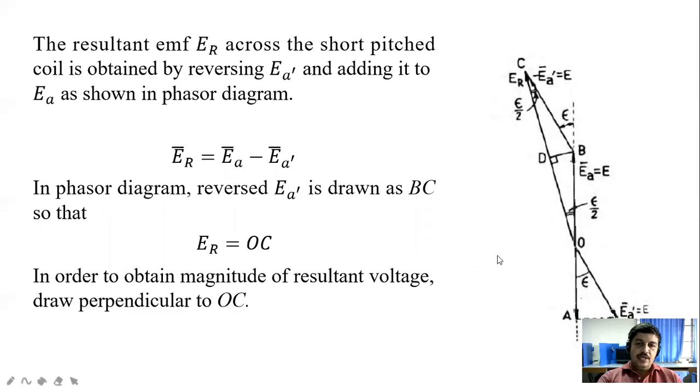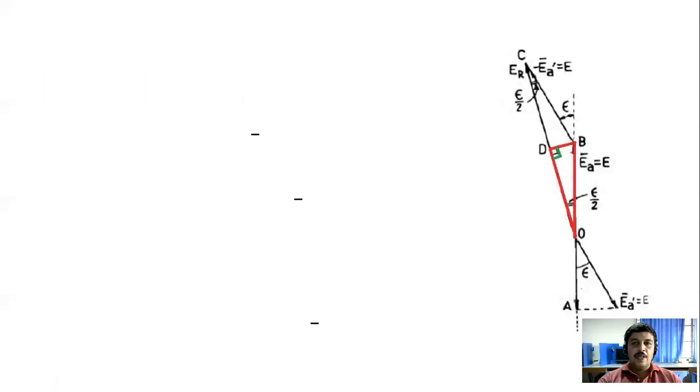In order to obtain the magnitude of this induced EMF, we have to make some adjustments in this phasor diagram. We have drawn one perpendicular to OC from point B. This BD is the perpendicular to the phasor OC.